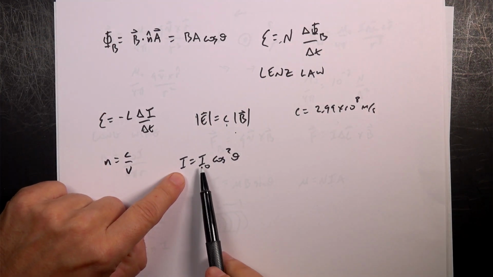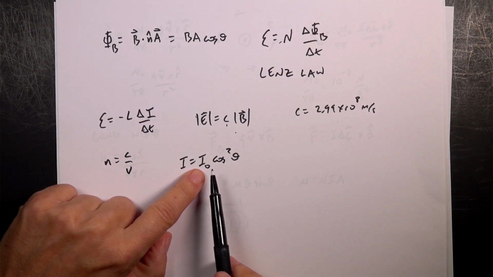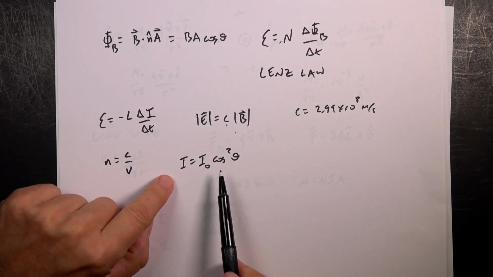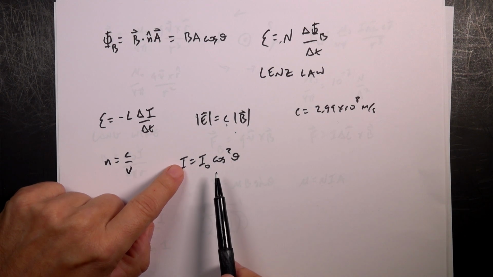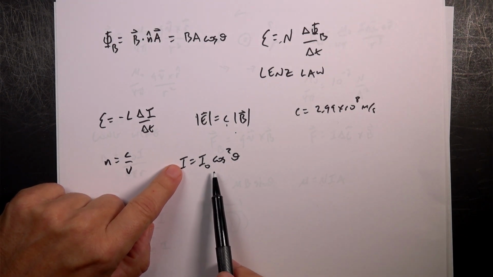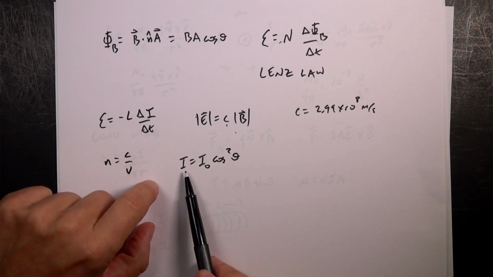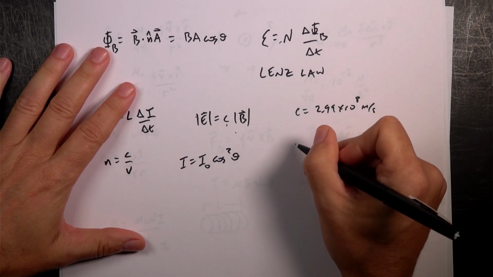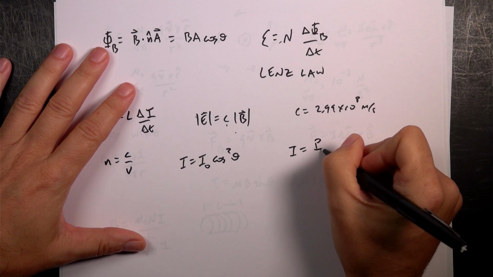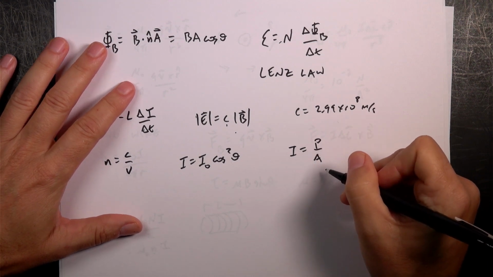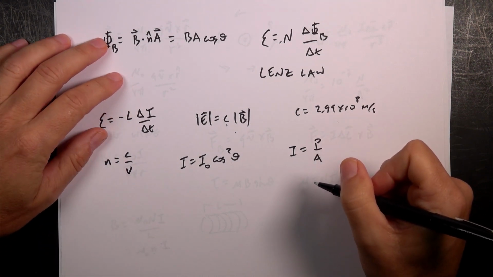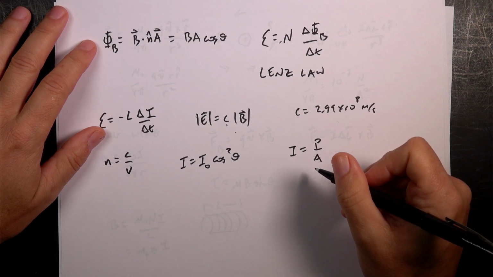So if I have polarized light of intensity I0 coming into a polarizer, the intensity of light coming out would be I, and theta is the angle between the polarization of this light and the filter. In general, I is P over A. It's the power per unit area for light. Yes, and we do reuse the same symbols.